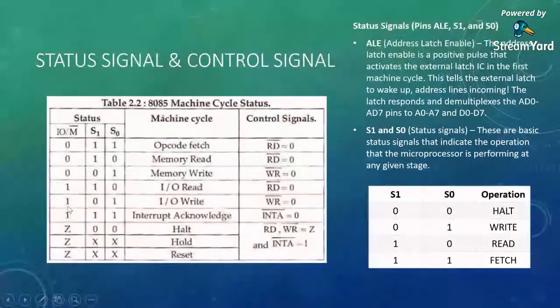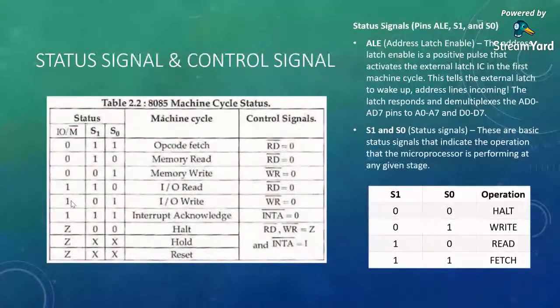The same goes if the IO/M is 1 for write. So remember, when IO/M is activated, it means that you read or write data to the external device.